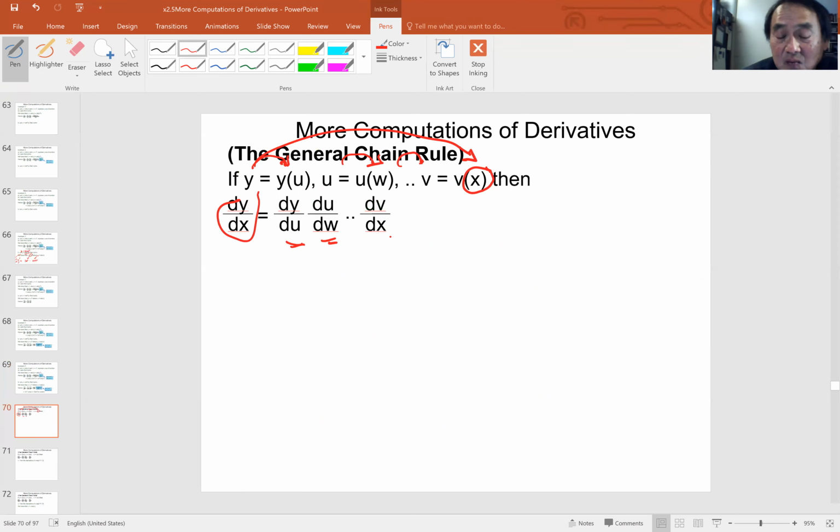Y in terms of u, u in terms of w, w in terms of whatever, until the last one, v in terms of x. Of course, the front parts are all in different letters, u and w and so on. You have to replace them with x, back into all of what they are.